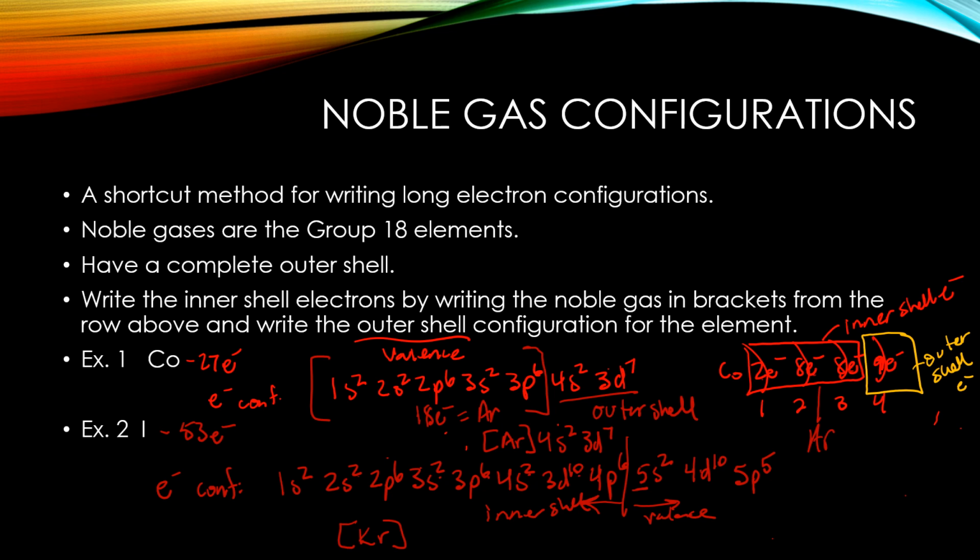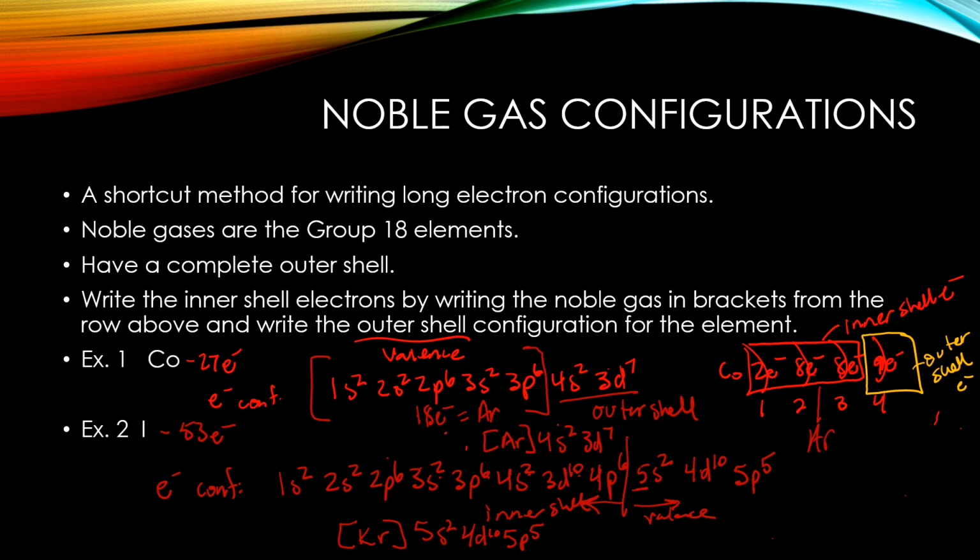So I've got all of that represented by the krypton, and then I could just add 5s2, 4d10, and then 5p5 to that. You can still count your number of electrons. I've got 36 for krypton, plus 2, 38, plus 10, 48, plus 5, 53. That gives me all the different electrons in the atom of iodine.